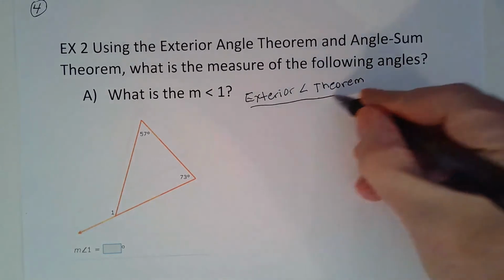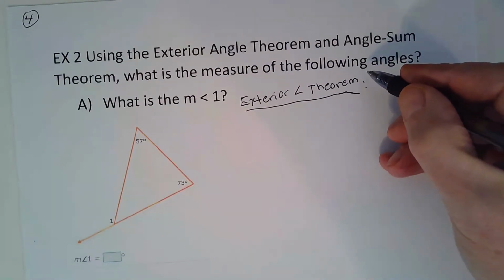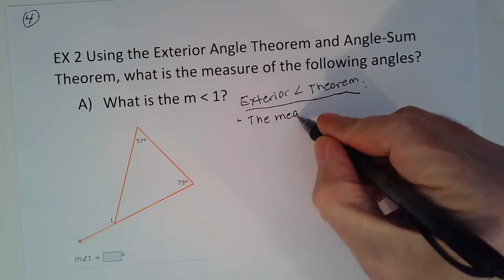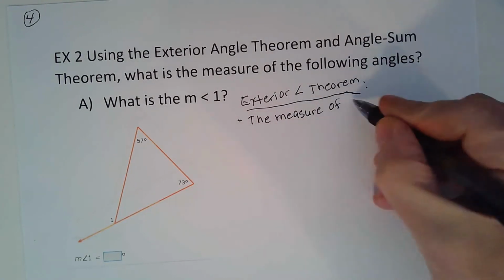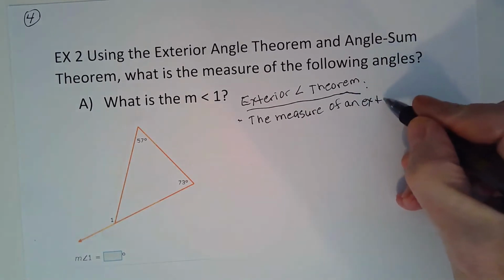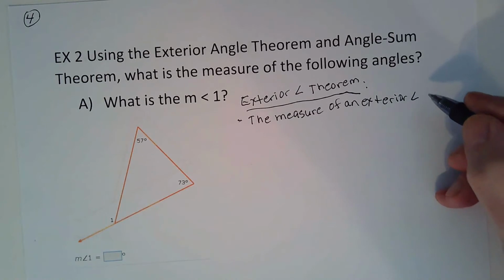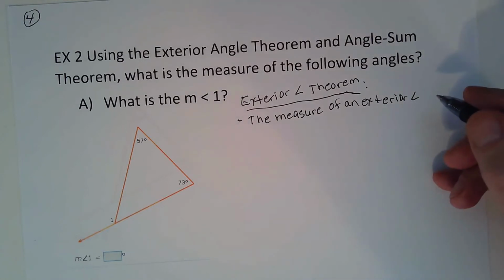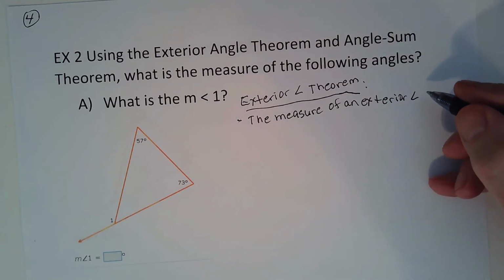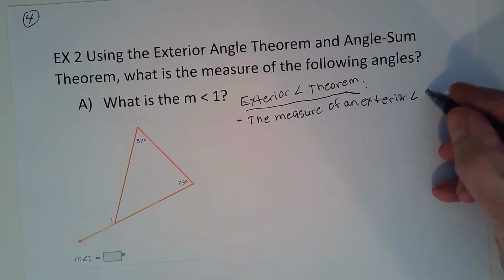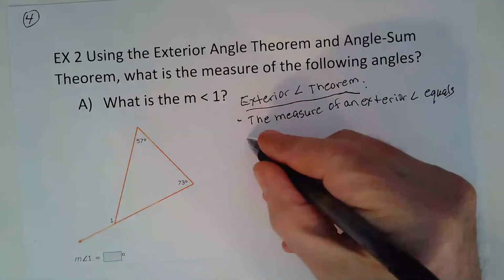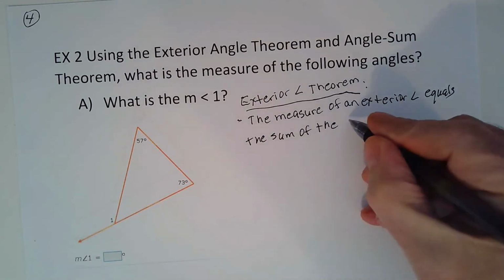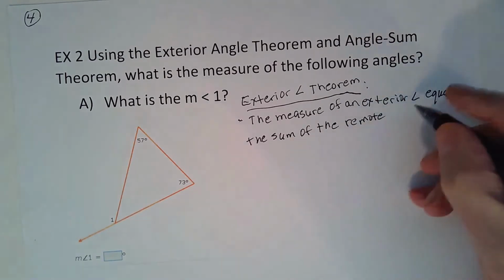And that theorem says that the measure of an exterior angle equals the sum of the remote interior angles of the triangle.